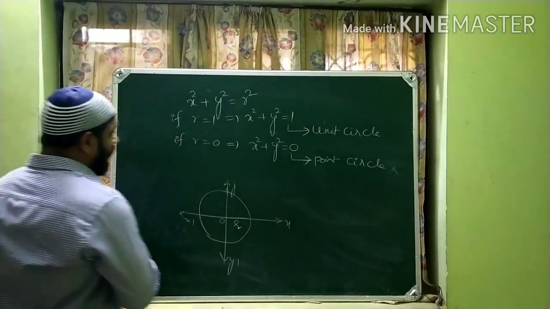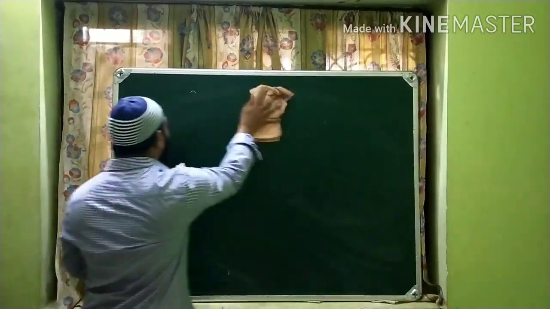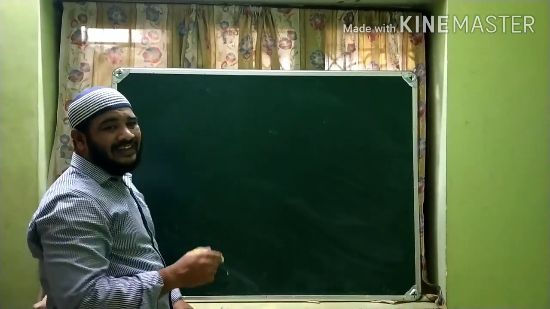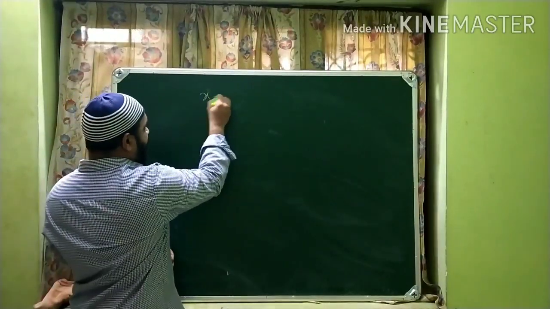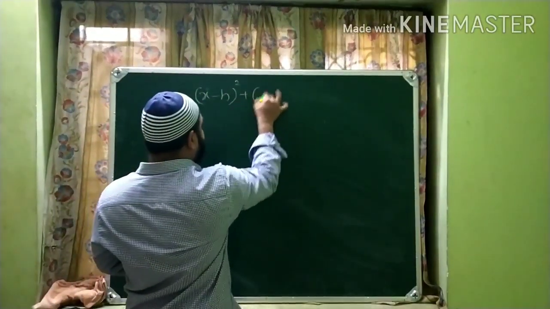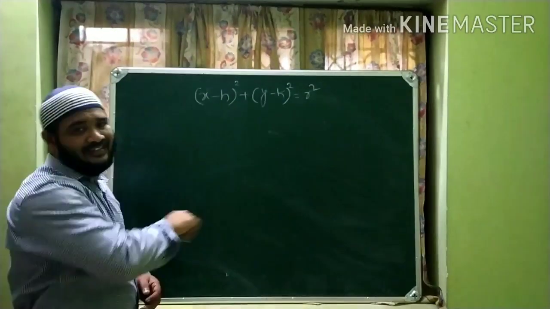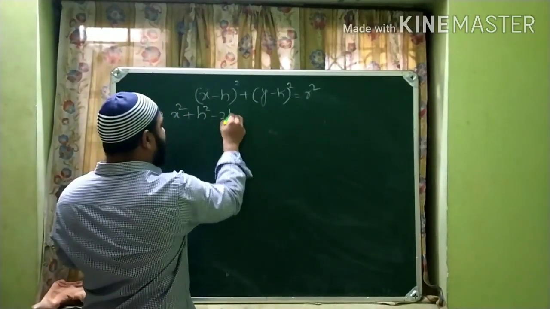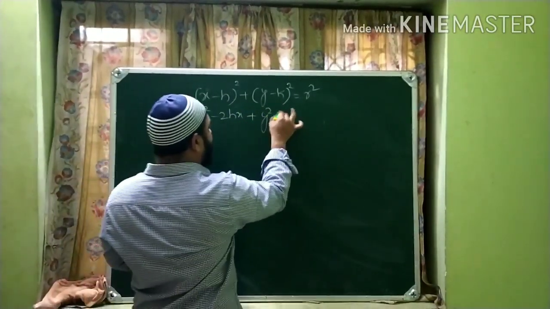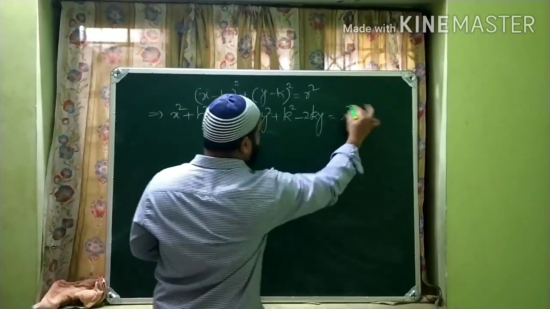Now let us go back to the actual central form of the circle which we have discussed before. What is that? (x minus h) whole square plus (y minus k) whole square equals r square. Now let us expand this. So x square plus h square minus 2hx plus y square plus k square minus 2ky is equal to r square.